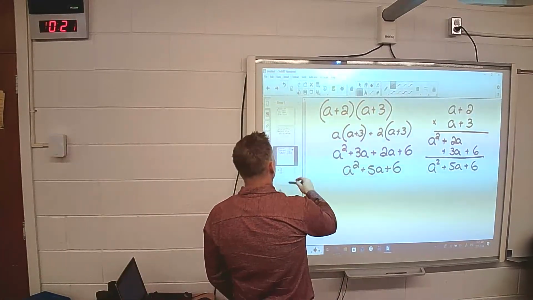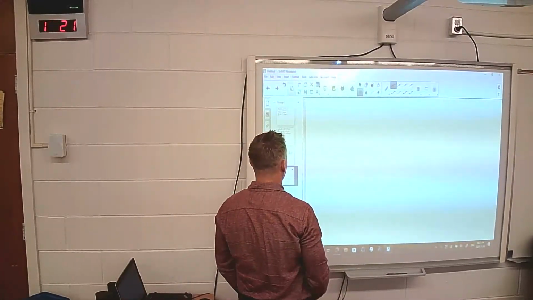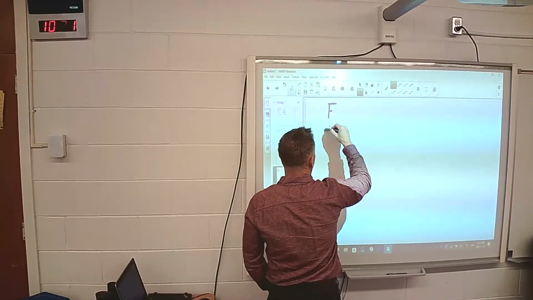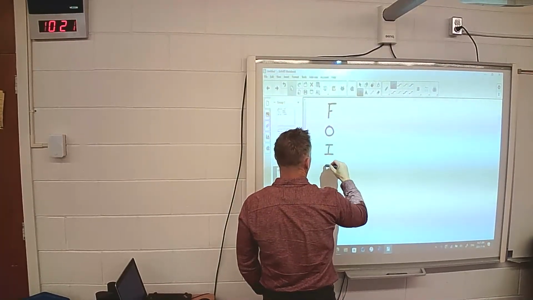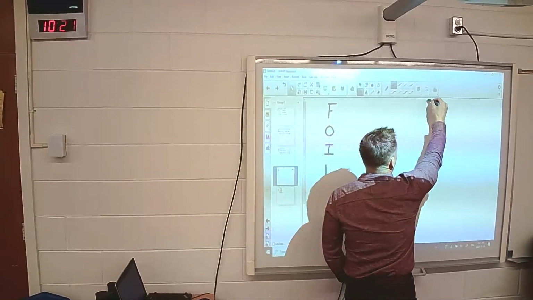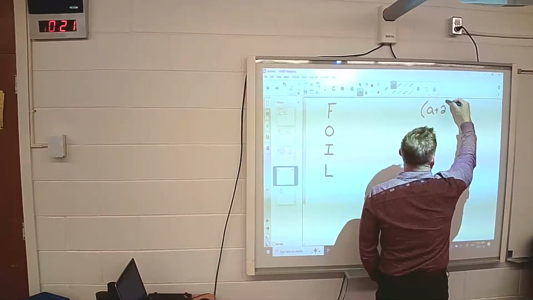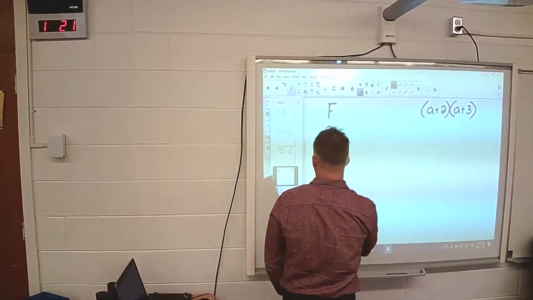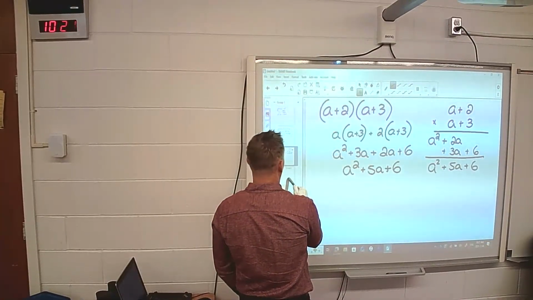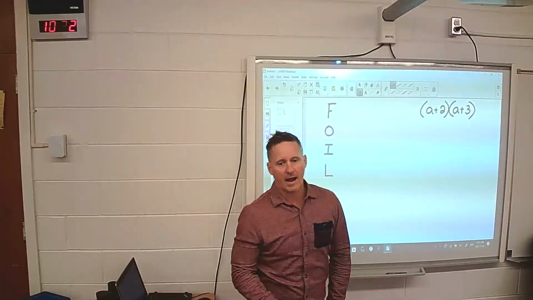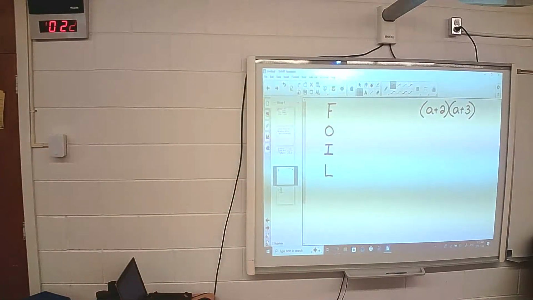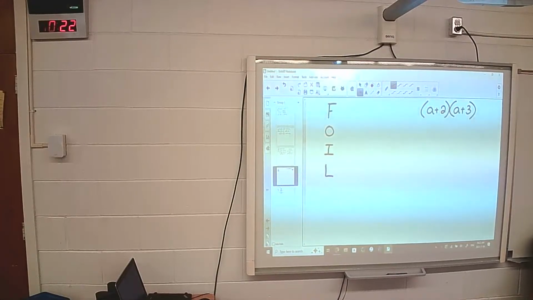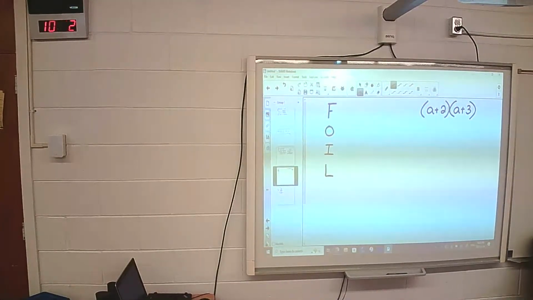The reason I use FOIL for this is when we factor, that's the next step. Factoring means you take a trinomial and you factor it. It's easier to understand FOIL to work it backwards than it is to do it the other way.